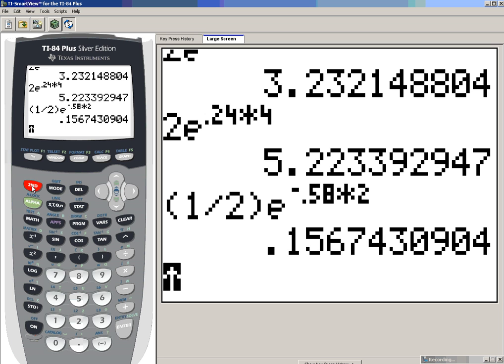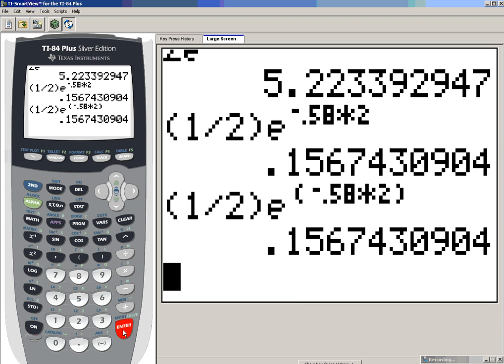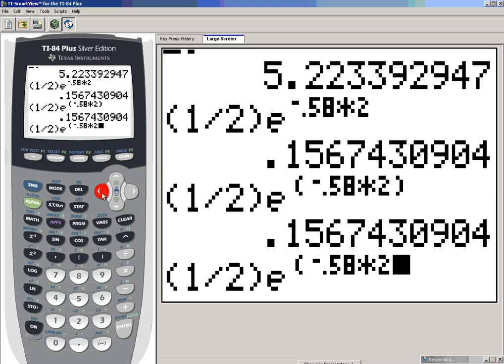So let's pull that back up. Oops. Let's insert a parenthesis here in our exponent to make sure our calculator is following order of operations correctly. Using the wrong values here. We wanted to plug in negative values.